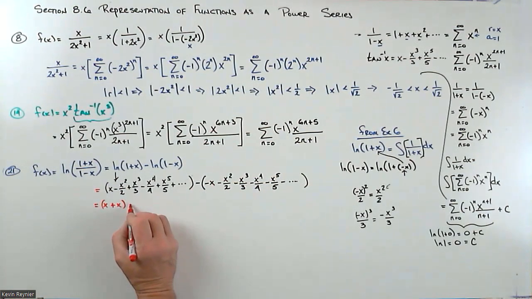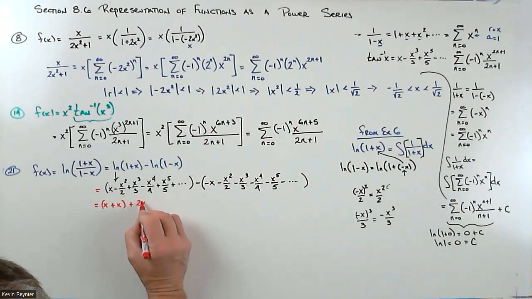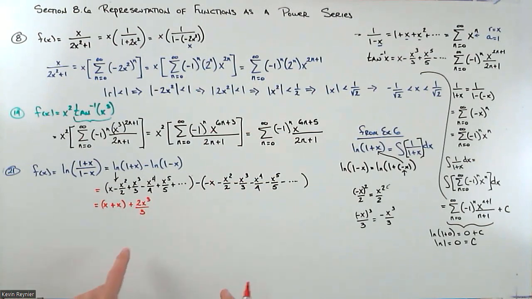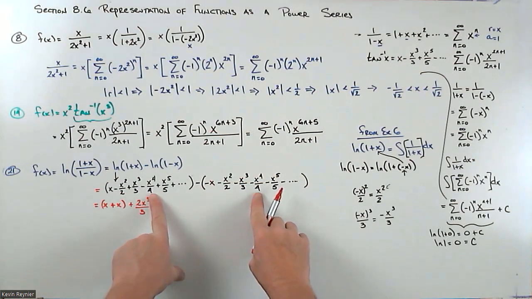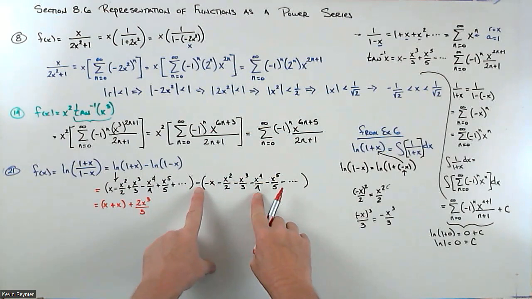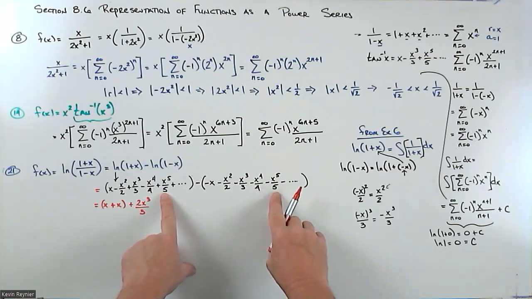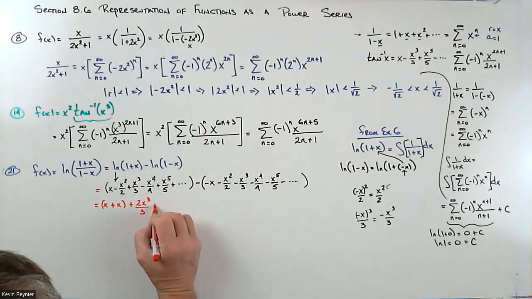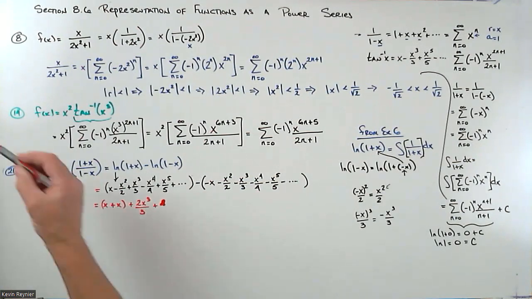So that's going to give me plus 2 x cubed over 3. Here I have a negative x to the 4th over 4. Here I have a negative x to the 4th over 4, but I'm subtracting, so that gives me 0. Here I have x to the 5th over 5. Here I have negative x to the 5th over 5, but with a negative sign. That's going to give me plus 2. Wow, pen blew up.